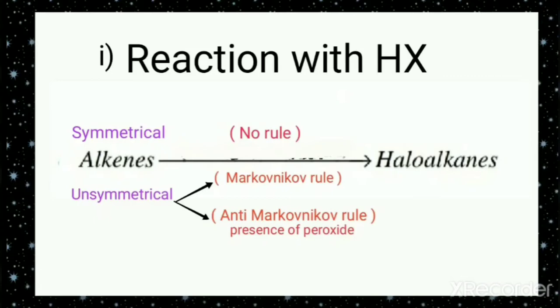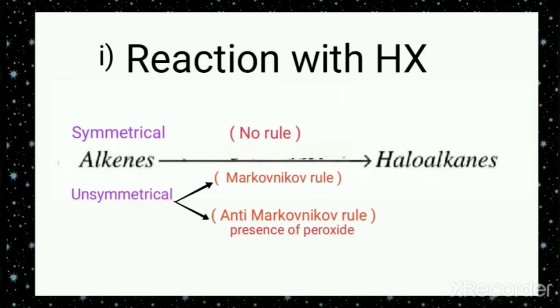If the alkene is symmetrical, we need not use any rule and can directly add hydrogen and X. But when there is an unsymmetrical alkene, we need to use Markovnikov's rule, and if peroxide is present, we have to use anti-Markovnikov rule.